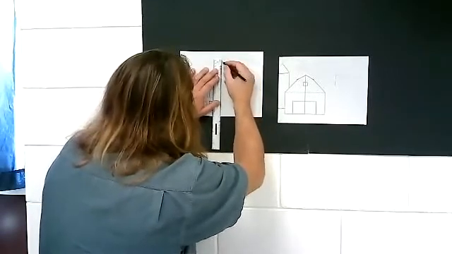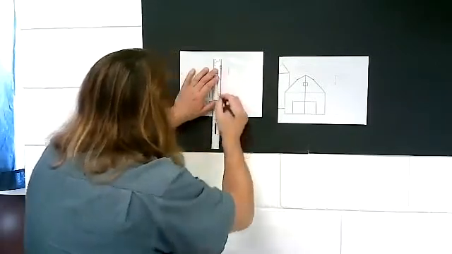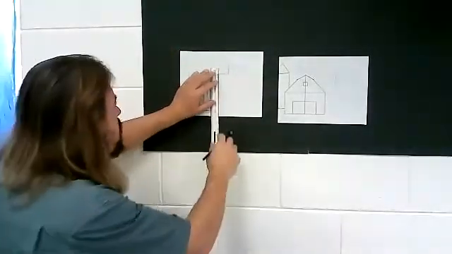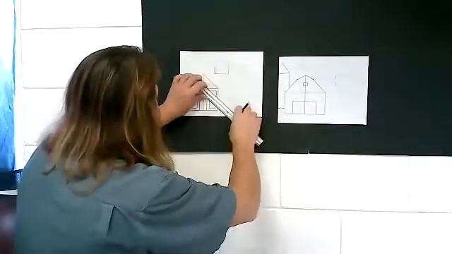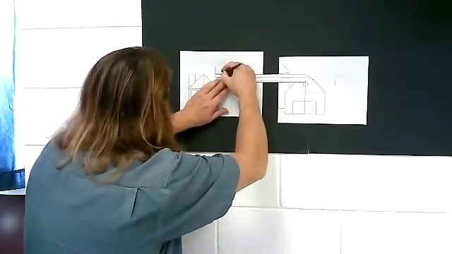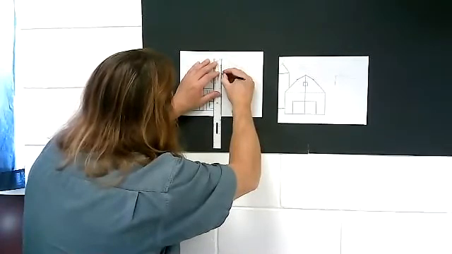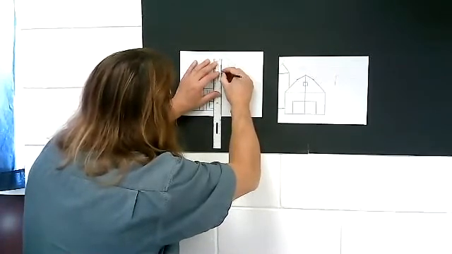With the ruler, I'm doing everything just like I did the first time around. Gotta find the middle spot of this. Go ahead and put this line up here 2 inches above the bottom here.